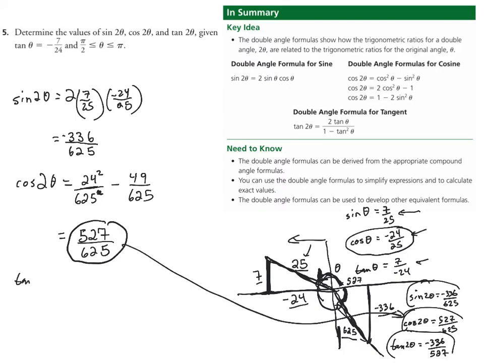And let's do tan of 2 theta. That's equal to 2 tan theta, which is negative 7 over 24, divided by 1 minus tan squared theta, so it's going to be 49 over 24 squared, which is 576.